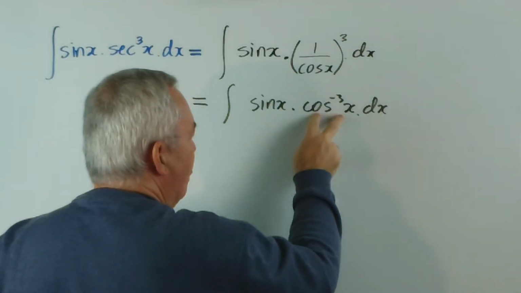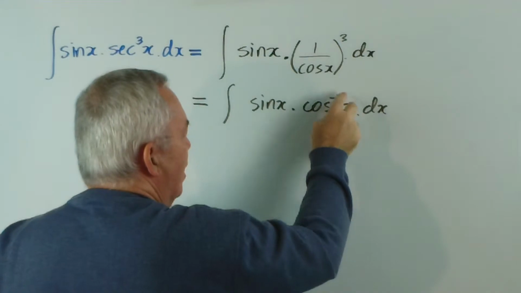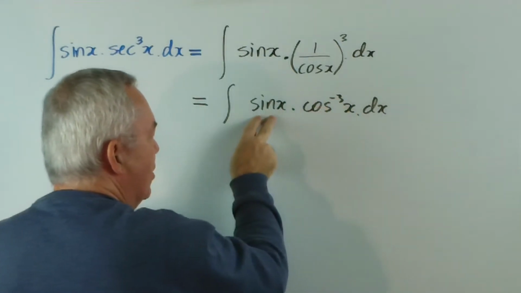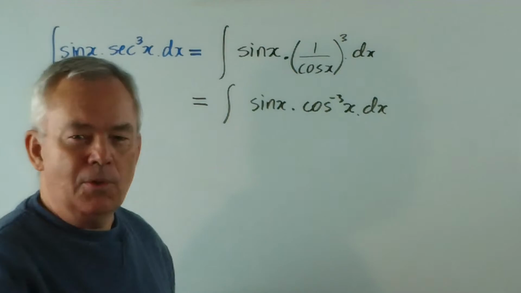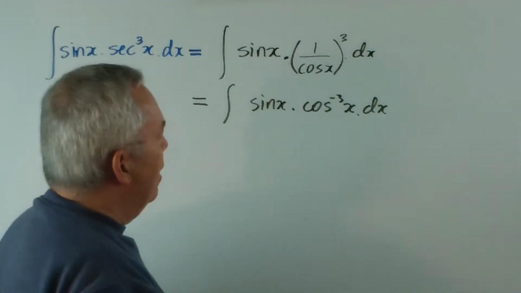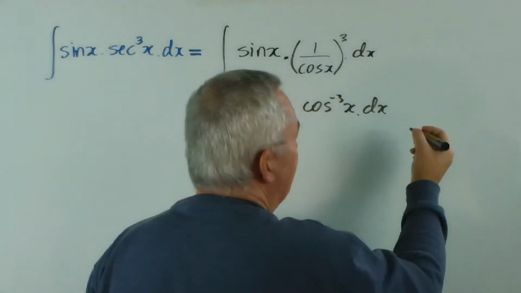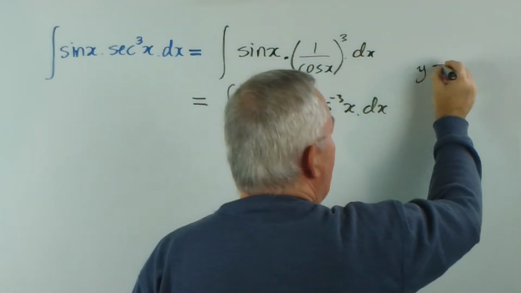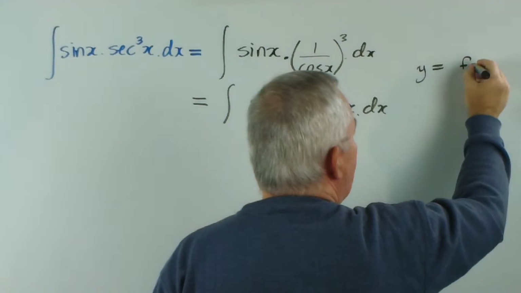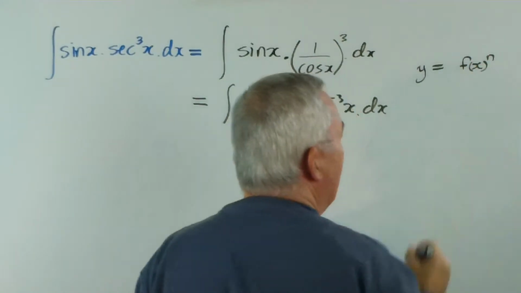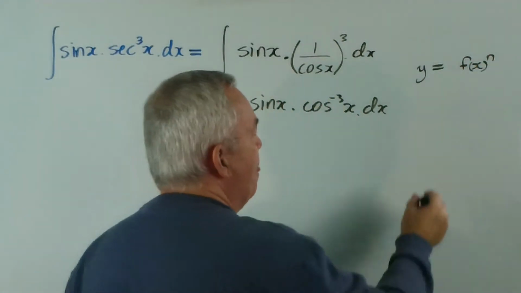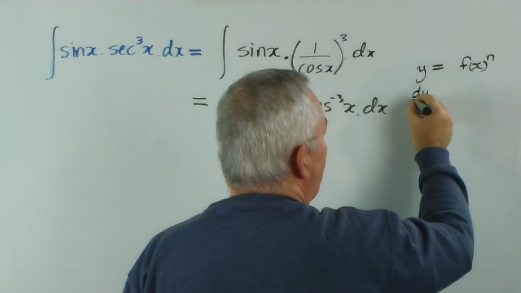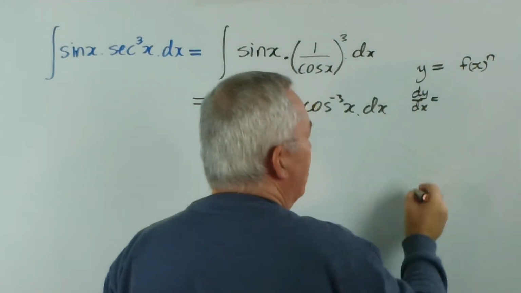allows us now to look at this and see that we have a function to a power, and the derivative of the function is very similar to this. Now the derivative of cosine, of course, is negative sine, but as in the last integral, we're looking at this pattern, that if we have some function to the nth power and we take its derivative using the chain rule, we get this result.